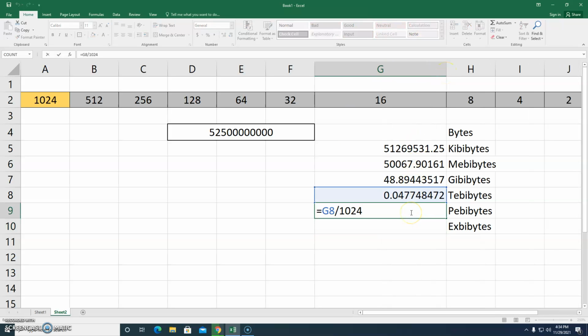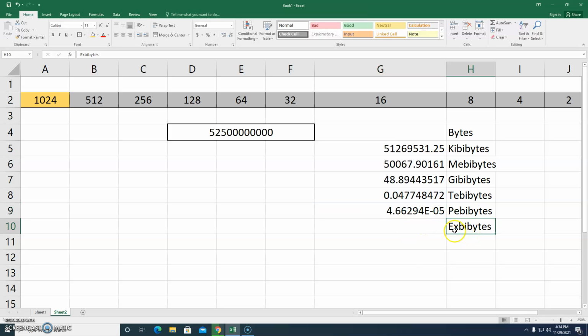And if we want to find the number of exbibytes, we take the number of pebibytes and divide it by 1,024. So we're starting to get some really small numbers here, 4.55 times 10 to the power minus 8. So this number of bytes here is a really small number of exbibytes.